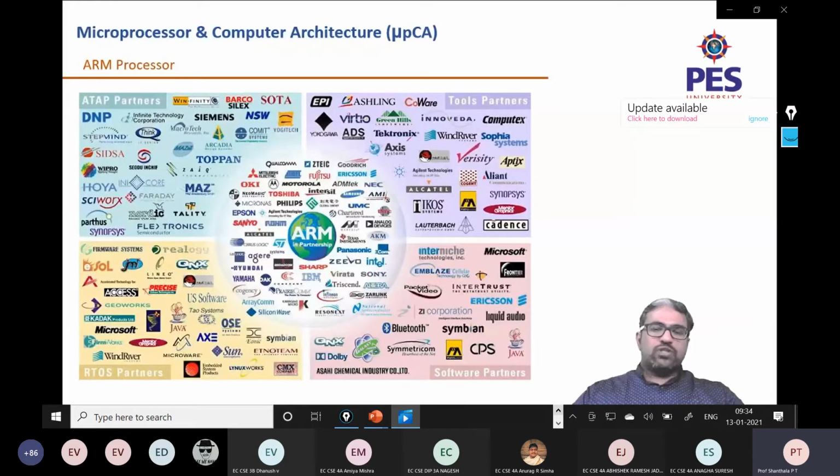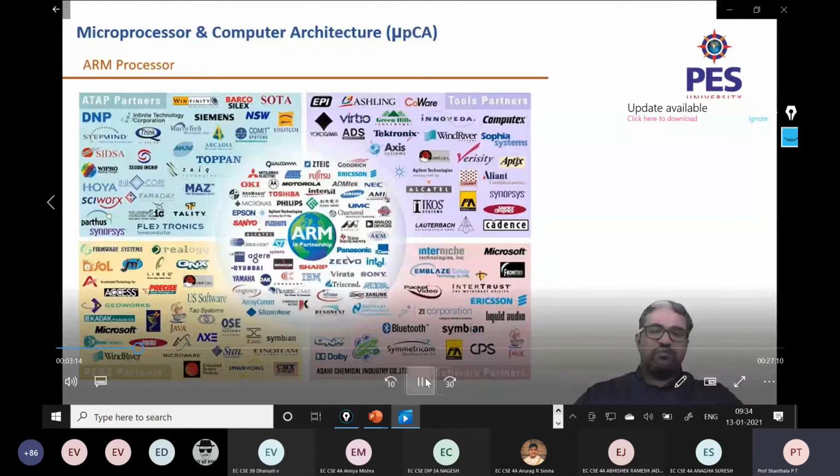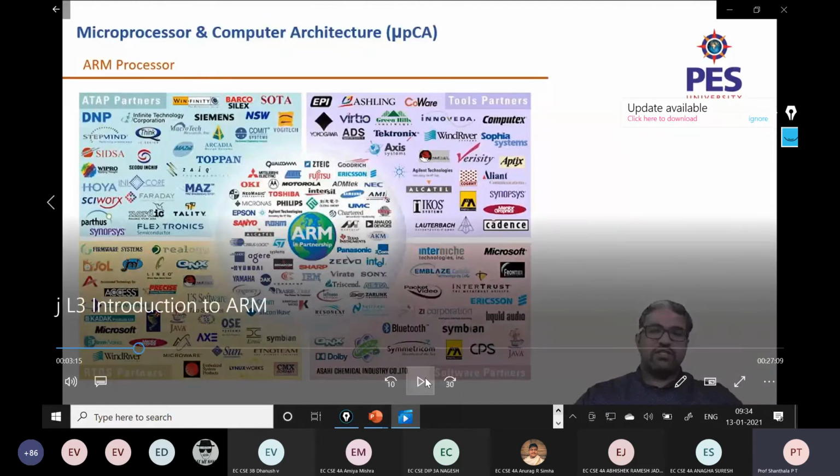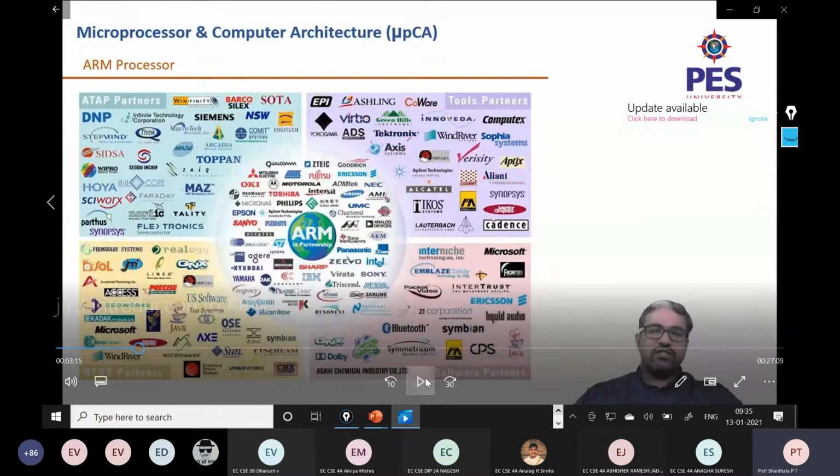Just to convince ourselves, see, one thing is why we are studying the ARM processors here. The ARM processors are found in numerous market segments, including networking, automotive, mobile and consumer devices, mass storage and imaging.